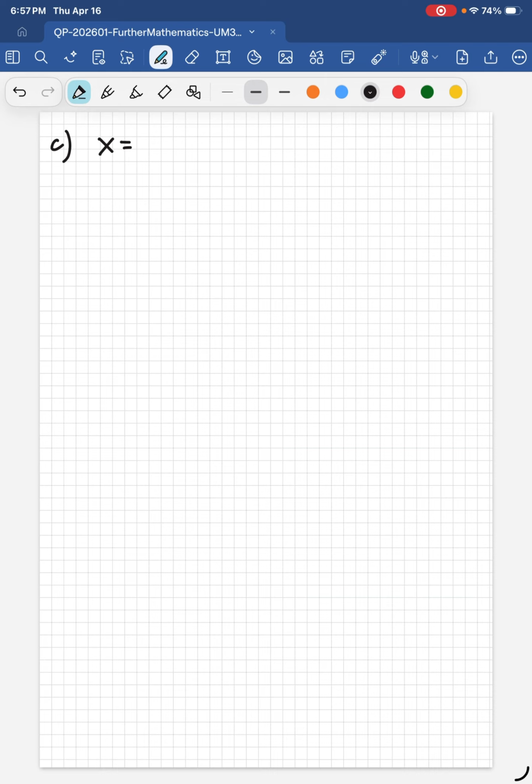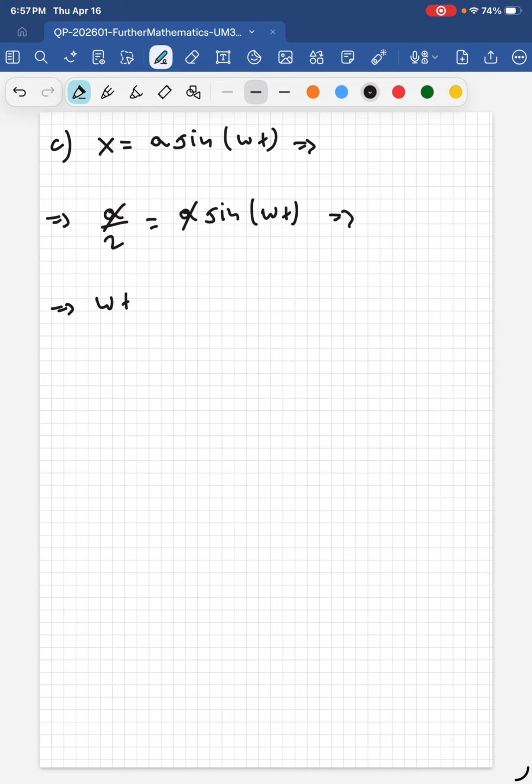Okay, so if we plug a halves as equal to a sine omega t, which is what we actually need to find, we basically have to solve the trig equation.